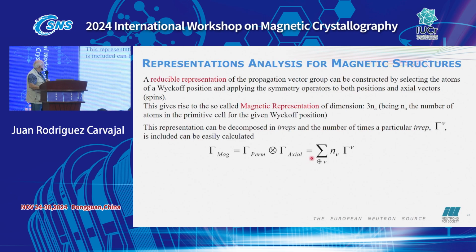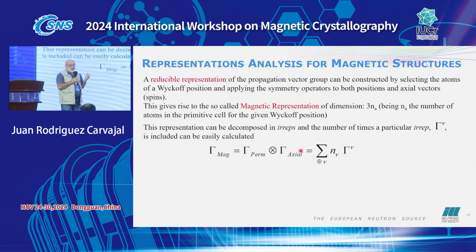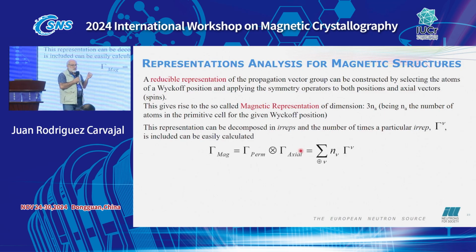In fact, this magnetic representation can be represented as a direct product of the so-called permutation representation and the axial representation. The axial representation, in the case of magnetic structures, you have a series of symmetry operators, and it is the product of the determinant by the matrix representing the action on the magnetic moments in particular.